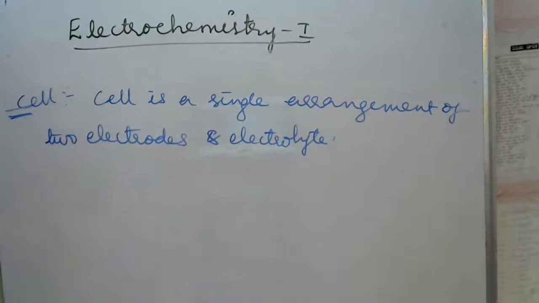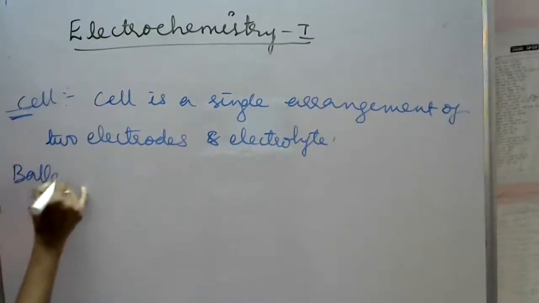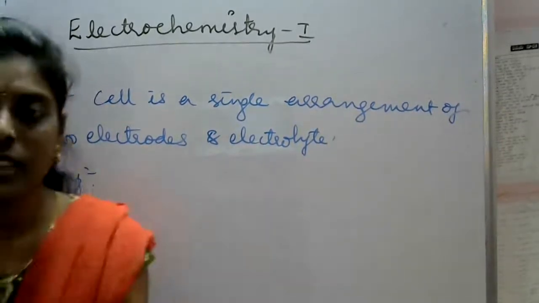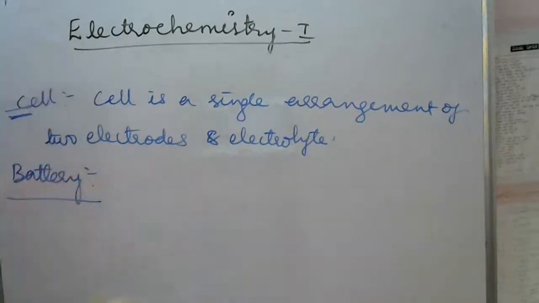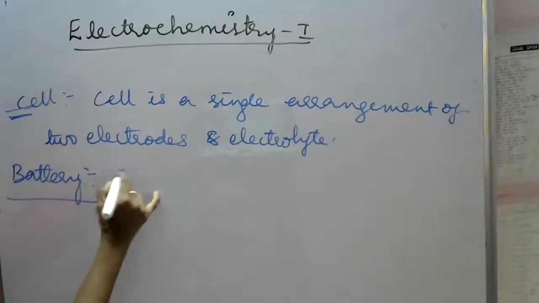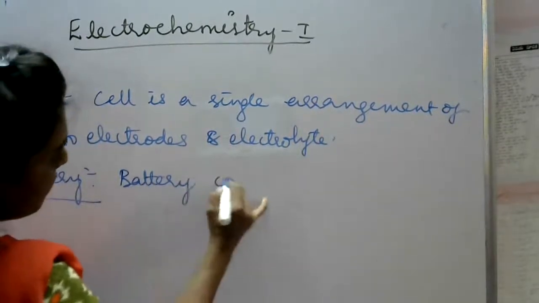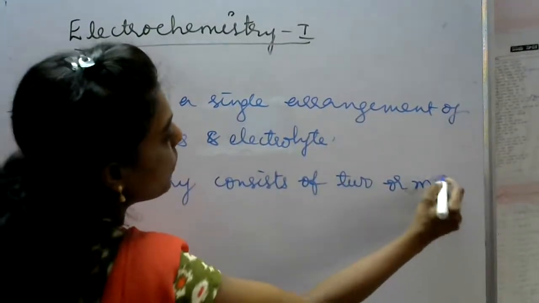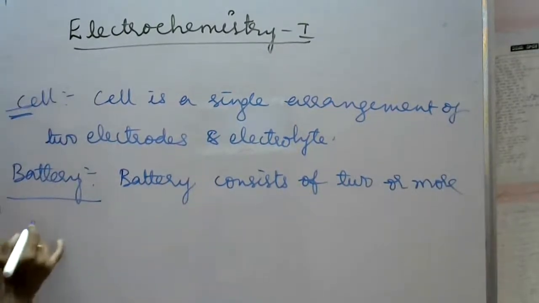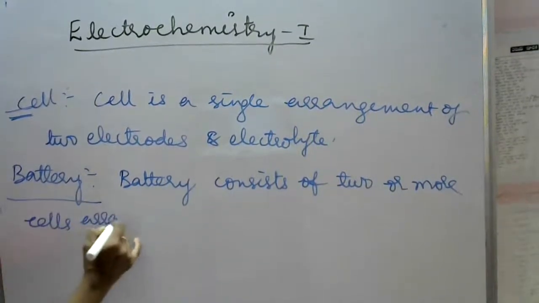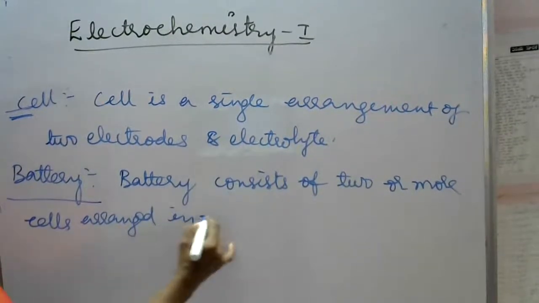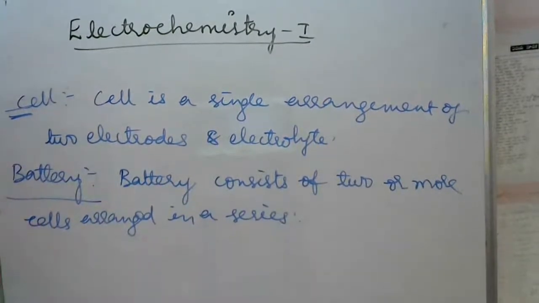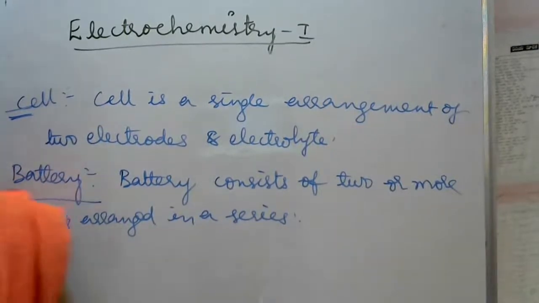Next, what is a battery? A battery consists of two or more cells arranged in series or parallel.